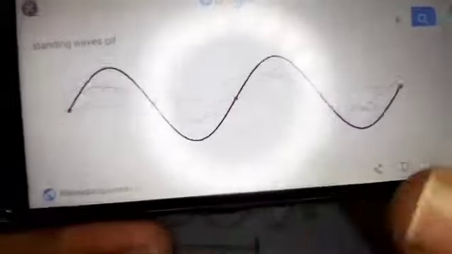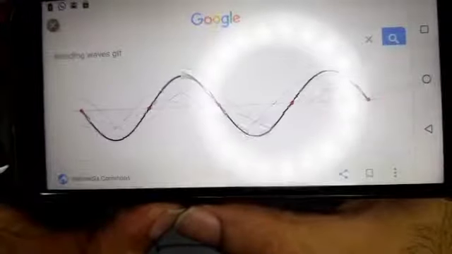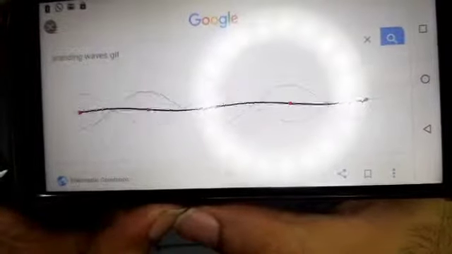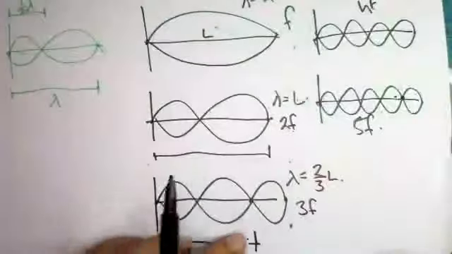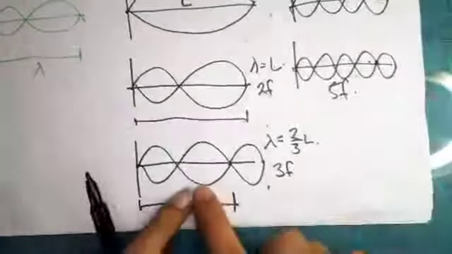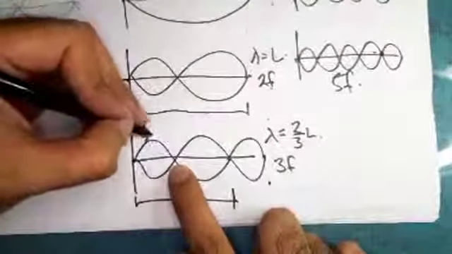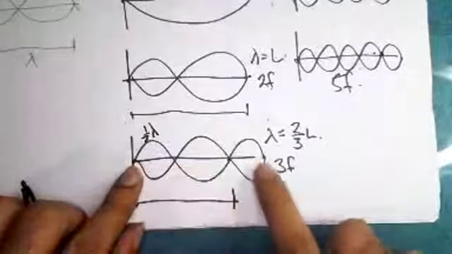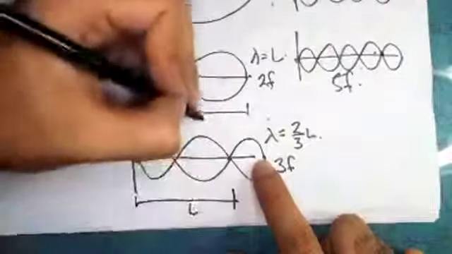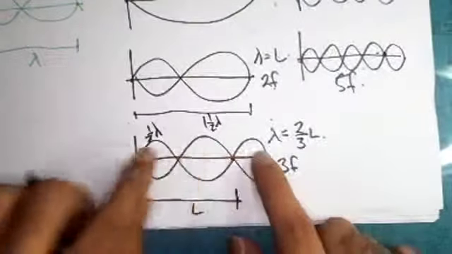These are the differences for amplitude. And someone asked why lambda equals 2 by 3 L. Oh, this one. That's because, really easy, we know that node to node is half lambda. So the whole string, if it's L, is 1.5 lambda, because this is half, this is half, this is half, if you add them all.